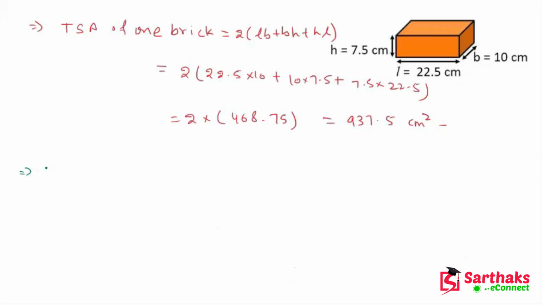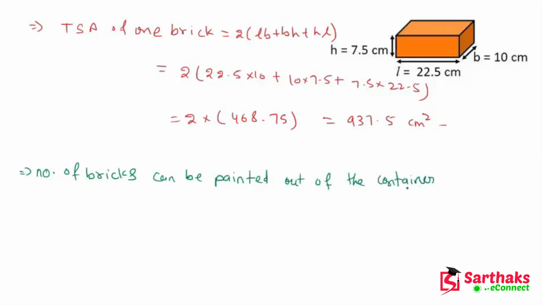So the number of bricks that can be painted out of the container is equal to 93750 divided by 937.5.